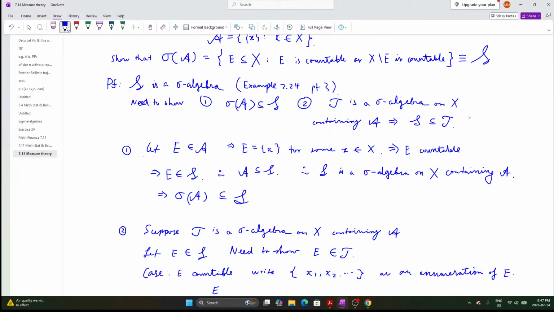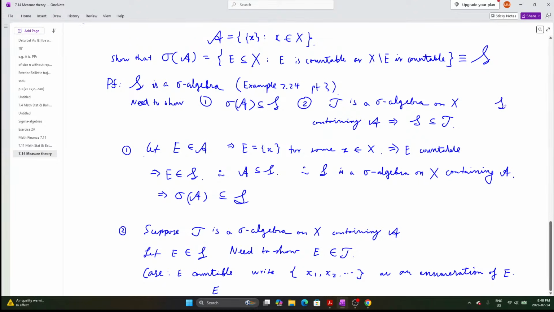So can we write it as sigma of A contains S? Can we do that? Well, S is the collection of countable sets and sets whose complements are countable.